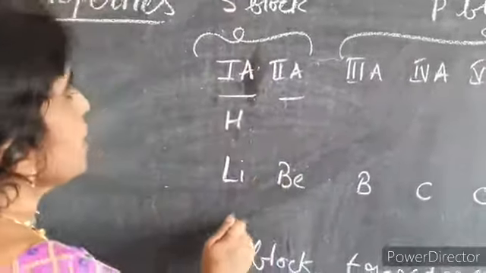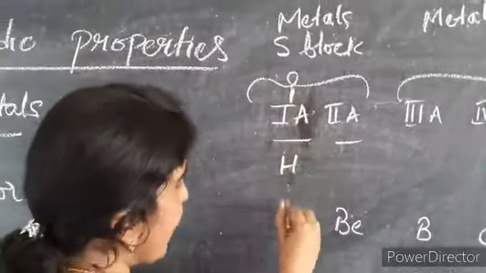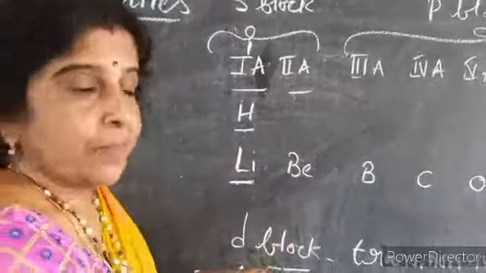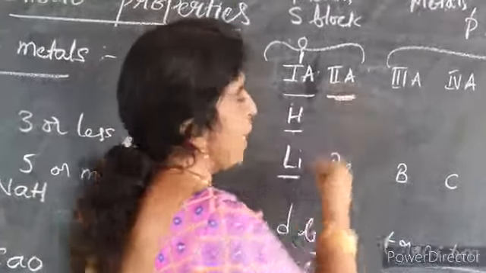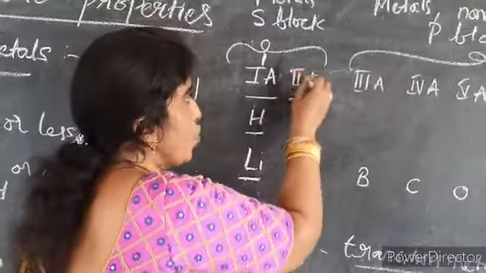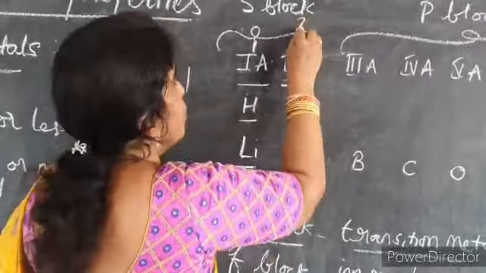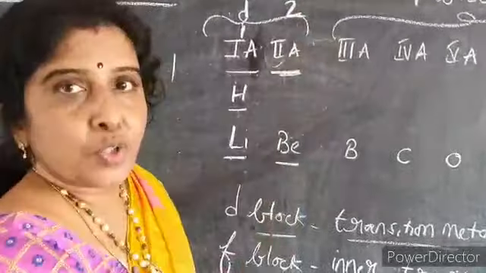So the valency of the 1A group is 1. You take any element, whether it is hydrogen, lithium or sodium, the valency is 1. Now coming to 2A, the number is 2. So what is the valency of beryllium? It is 2.